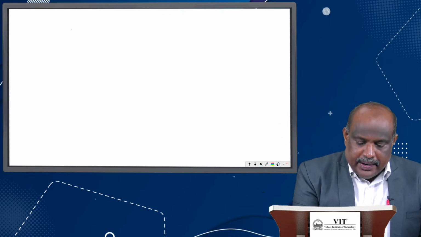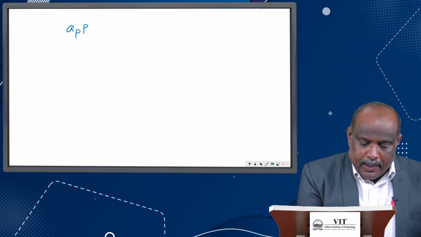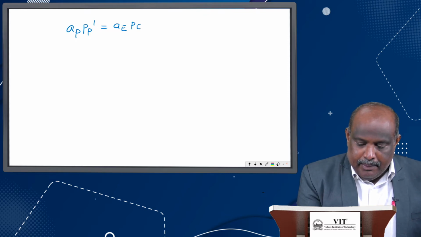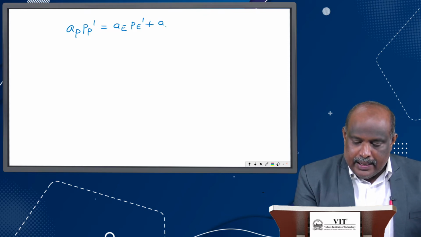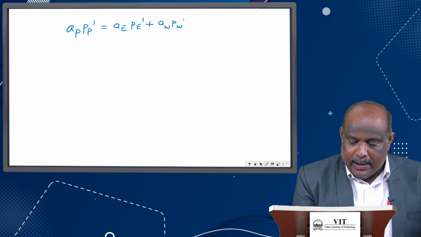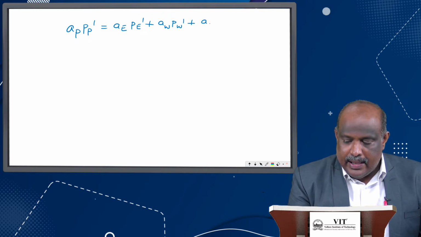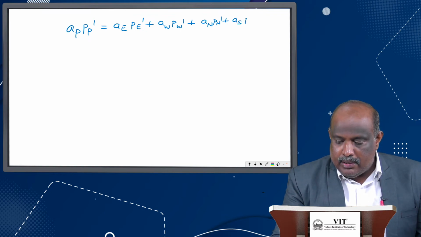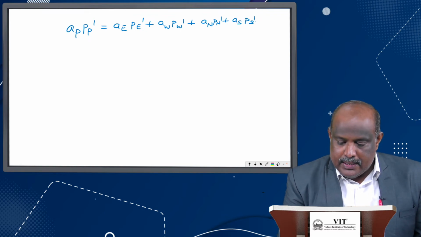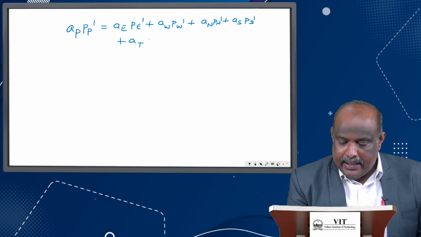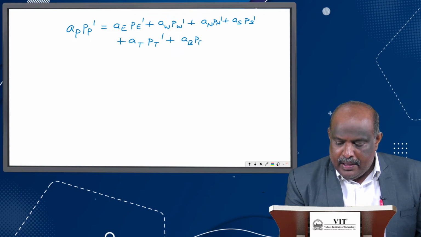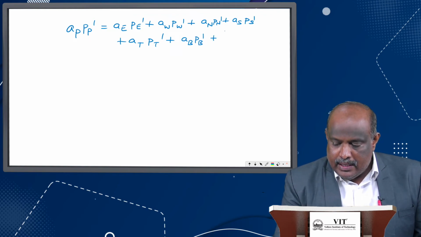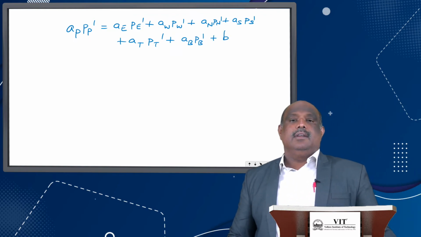So this equation can be written as AP Pp prime is equal to AE PE prime plus AW PW prime plus A north PN prime plus A south PS prime plus AT PT prime plus AB PB prime plus the constant.